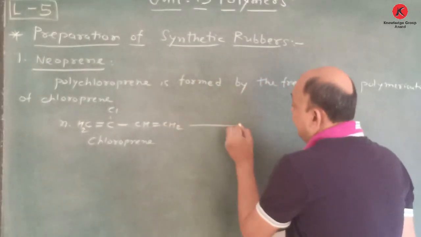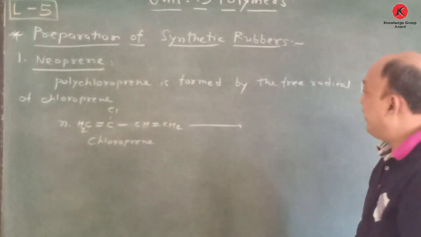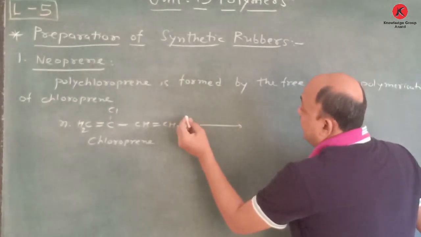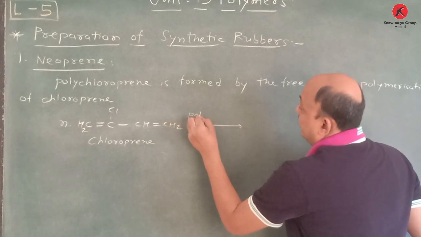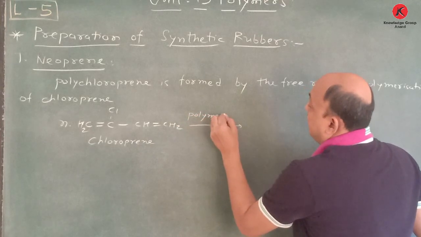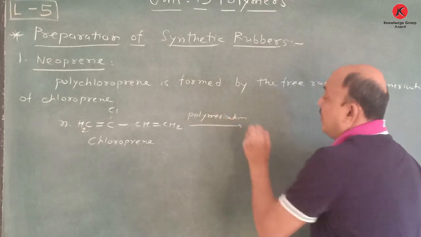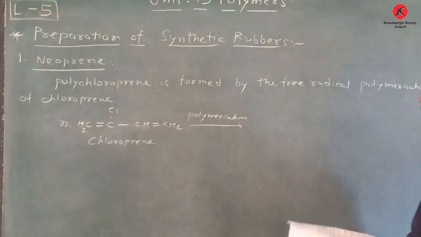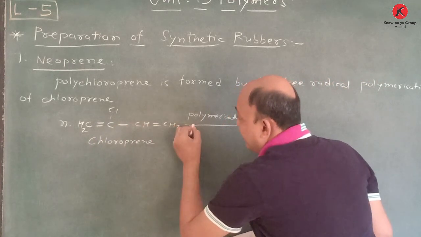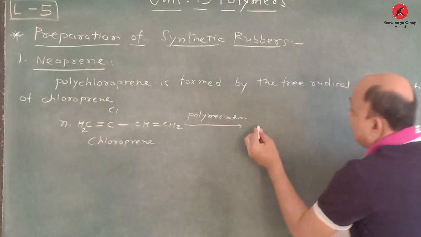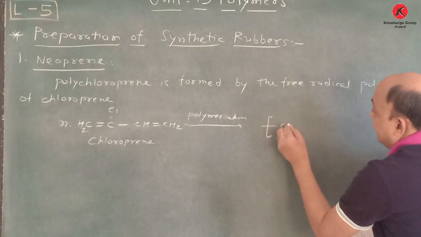Then this undergoes a free radical polymerization reaction. At that time, this double bond moves to this position, so the double bond is under this straight line and another straight line.